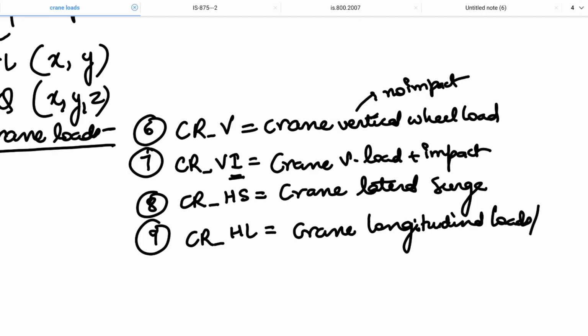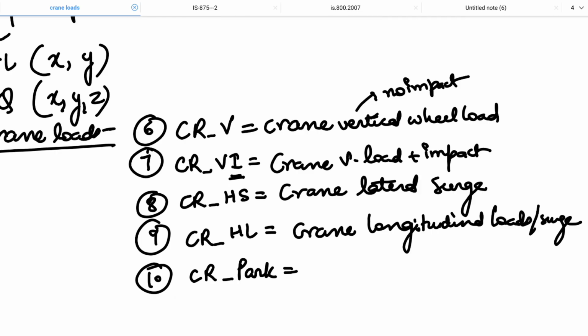You can say surge as well. Then 10th is CR park. Park means parking. So when crane is in parking position, then only we are combining this with earthquake or wind loads.